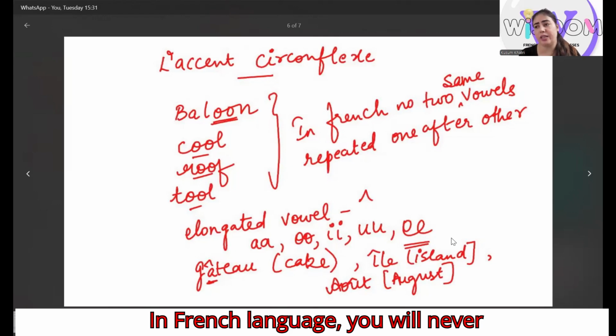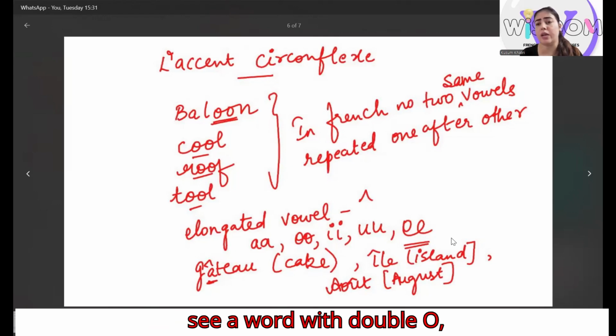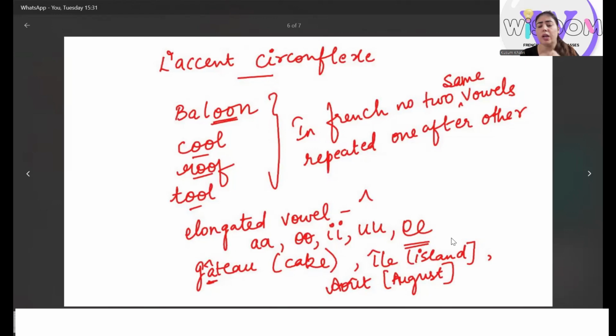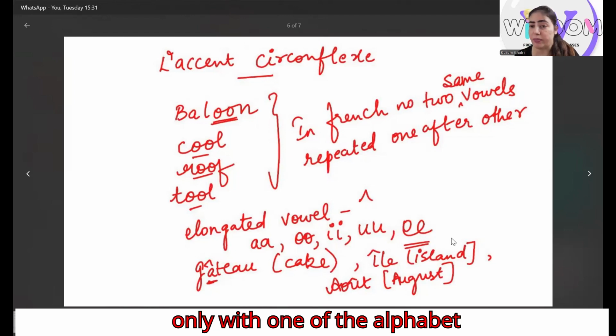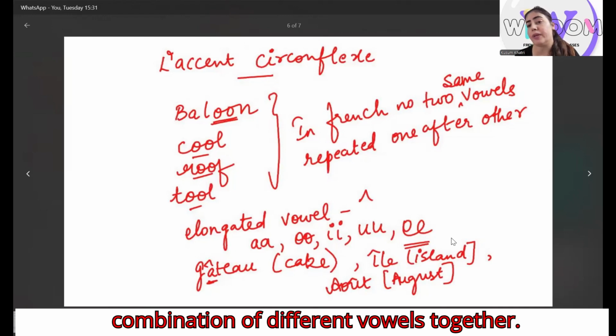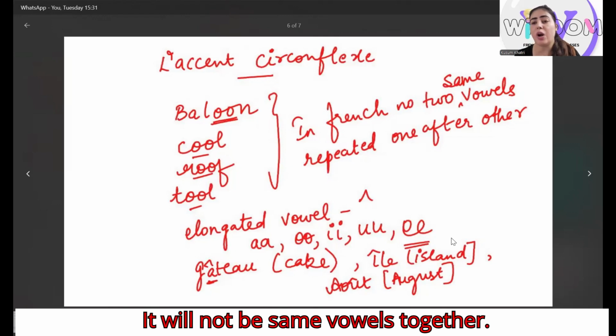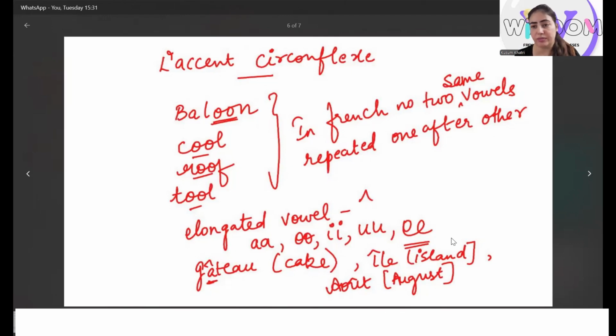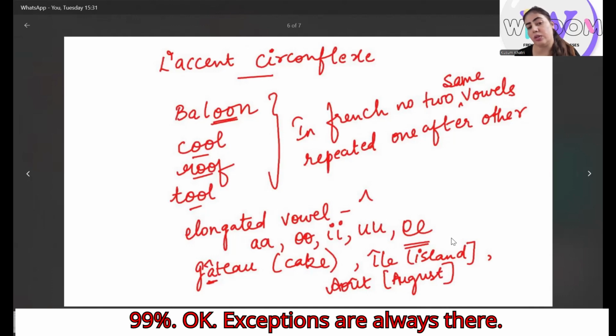In the French language, you will never see a word with double O, double I, double E. You will see only one of the vowels or a combination of different vowels together. It will not be the same vowels together. It is in 99%. Exceptions are always there.